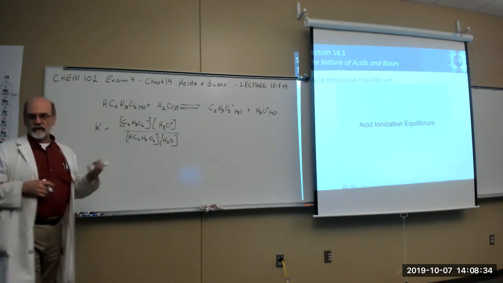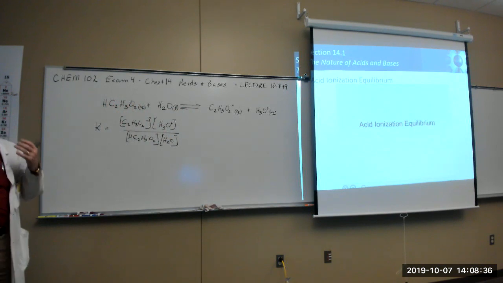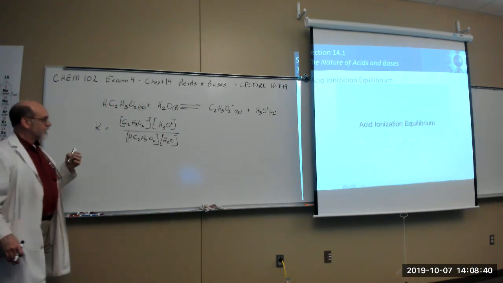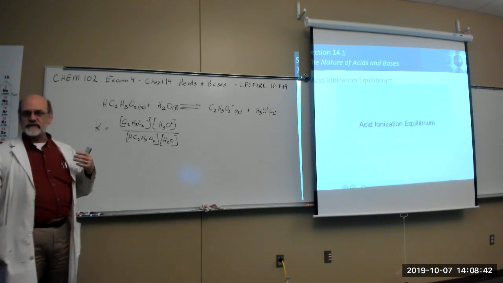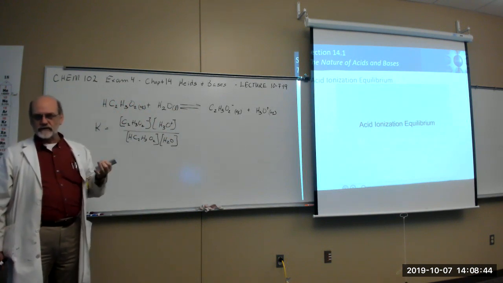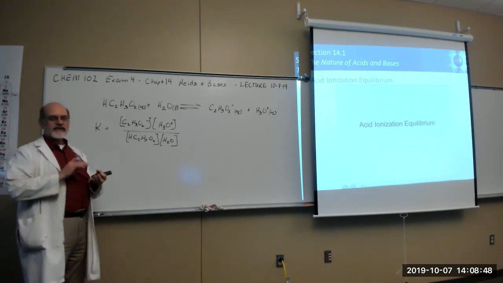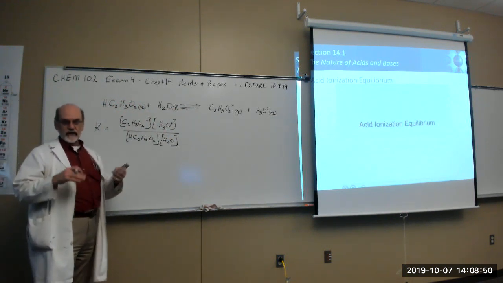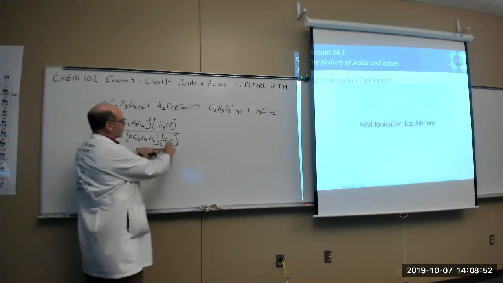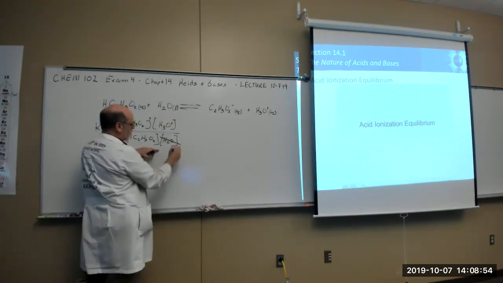Now, remember our convention. When we write an equilibrium expression, if there are any pure substances, solids, or liquids, they go out. Gases and aqueous, we can keep those. But this is a pure liquid.